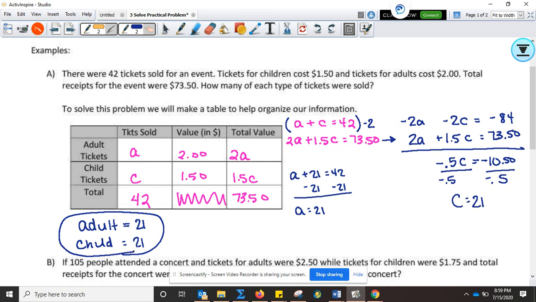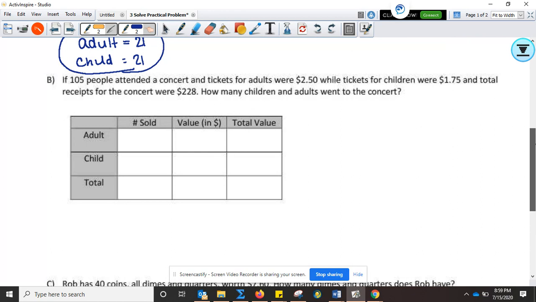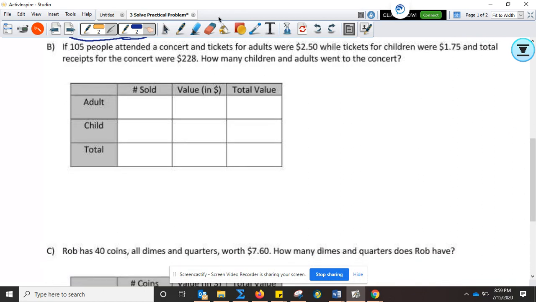Remember, if you have any questions, be sure to write them down in your notes so you'll remember to ask them. Okay, example 2, B. If 105 people attended a concert, the tickets for adults were $2.50.